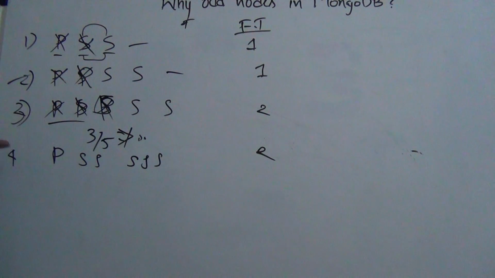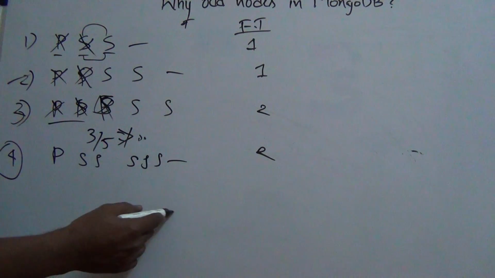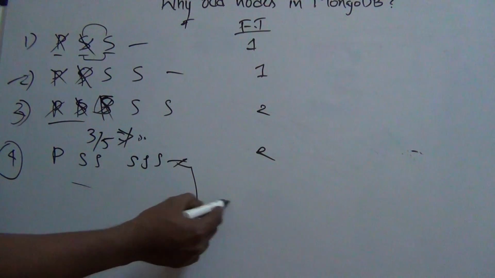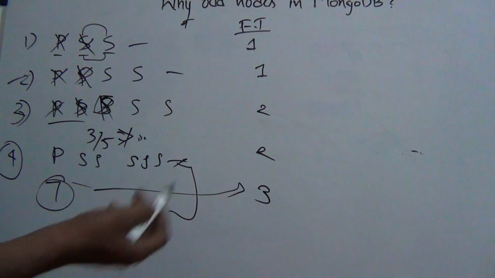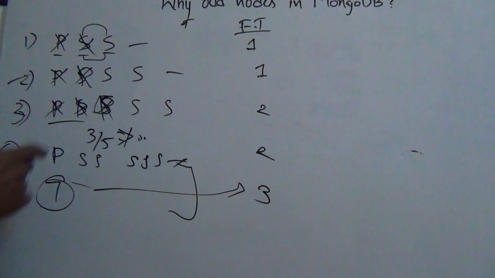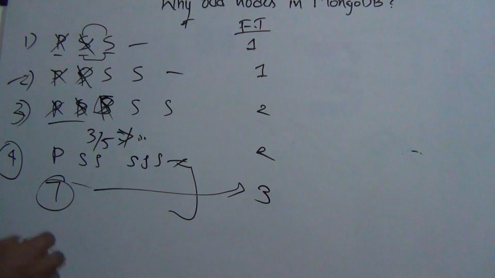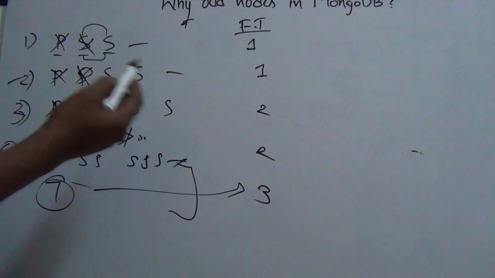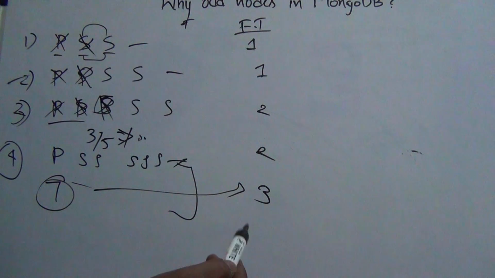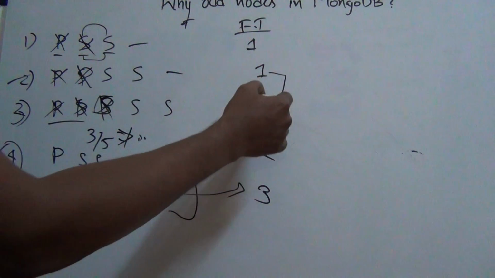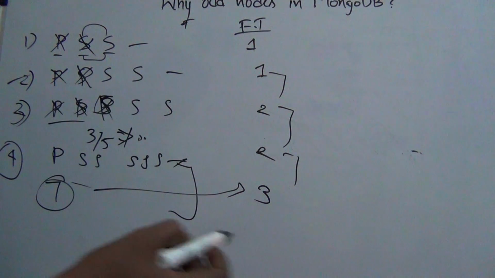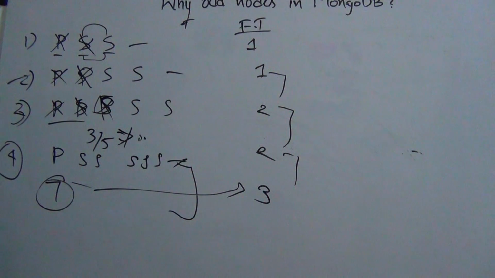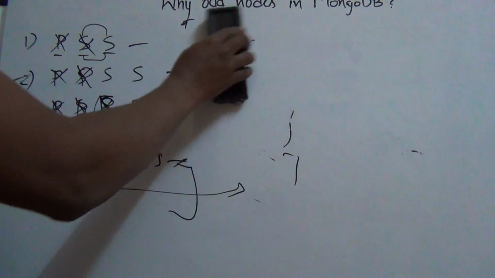So this is the one case. If you add one more node, you will get a fault tolerance of 3; with 7 nodes you get 3 node fault tolerance. If you observe the pattern here, with adding one node to the even number of nodes, you keep on getting one increment of fault tolerance. That's the one main intention to have an odd number of nodes in a MongoDB replica set.